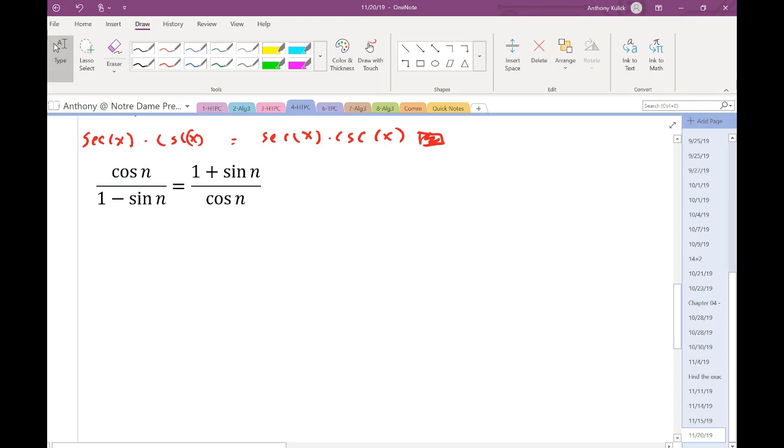So I'd say the left-hand side is more complicated, but for this problem it doesn't really matter. You look at these and there's not much difference between them. So for the sake of argument, let's work on the left-hand side.